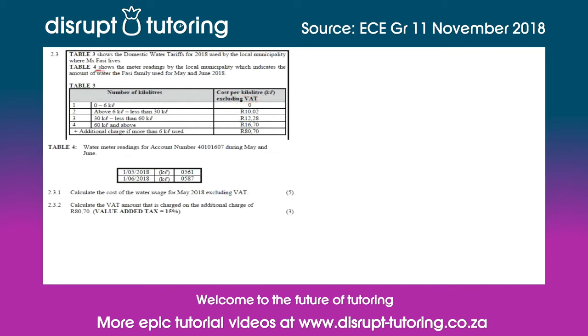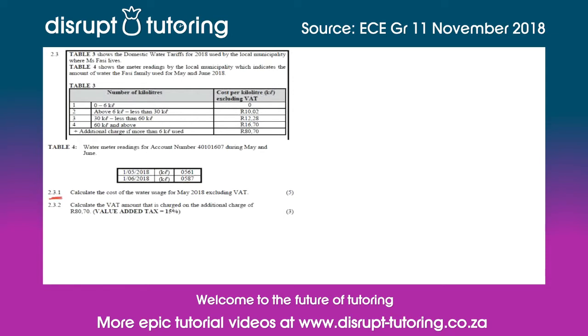Table 4 shows the meter reading by the local municipality, which indicates the amount of water the Fussy family used for May and June 2018. You can see that in May it was 561 kiloliters, and by June it went up to 587 kiloliters.